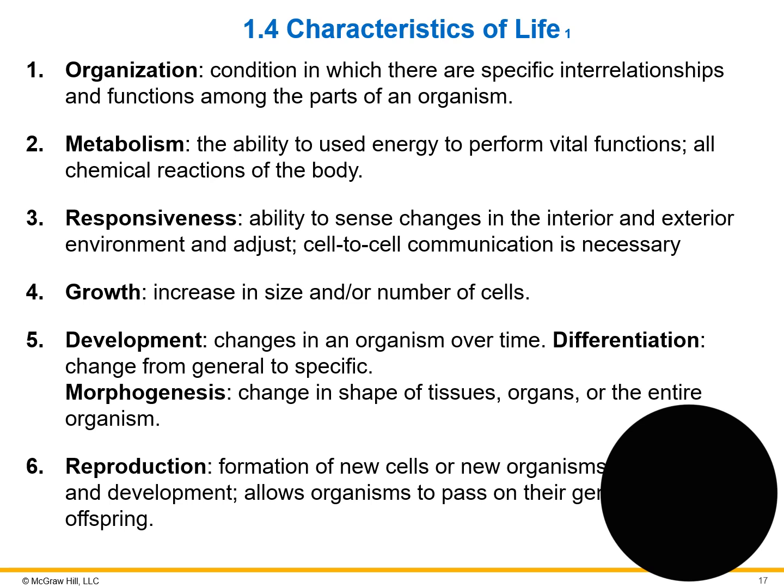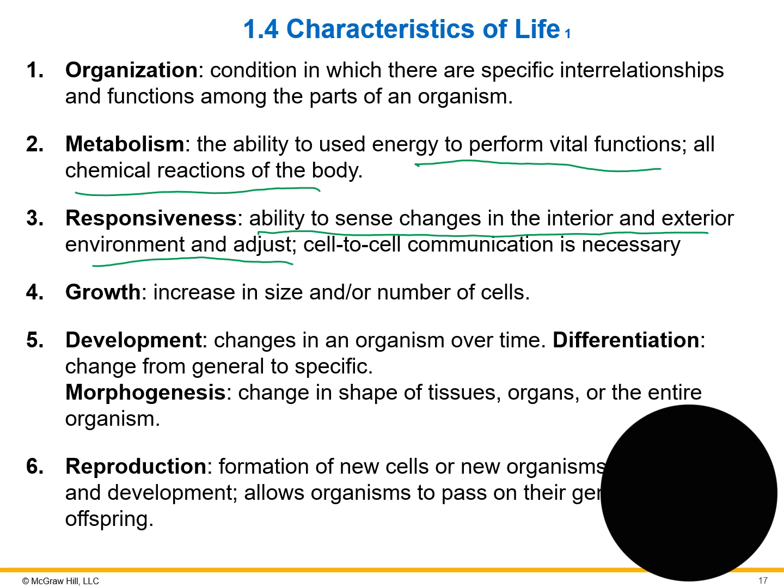Metabolism is the body's ability to use energy to perform vital functions. Simply, we say it is all the chemical reactions happening in our system. Responsiveness is another characteristic: the ability to sense changes in the interior and exterior environment and adjust.